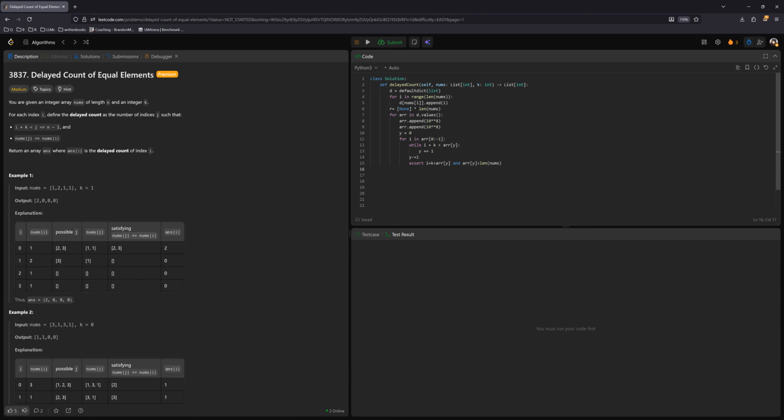That was dumb. Less than or equal to was dumb. Okay. Now, we should be able to get the span, right? Now we can go R of I equals Y minus I. Oh God.